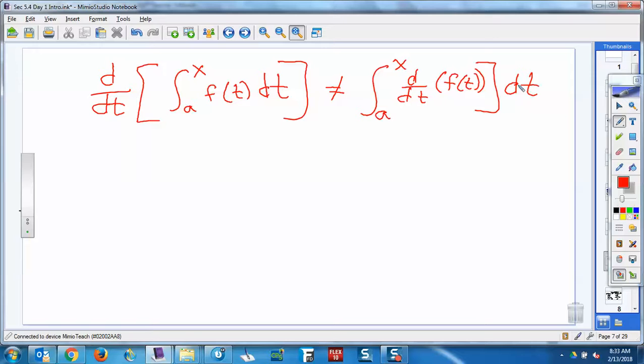All right, now, what a bunch of notation. Oh my goodness. Okay, but let's work this through a little bit.